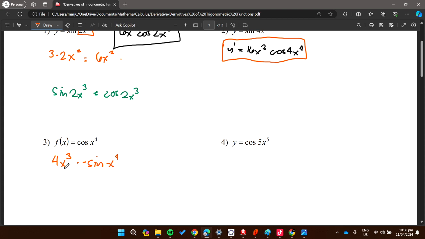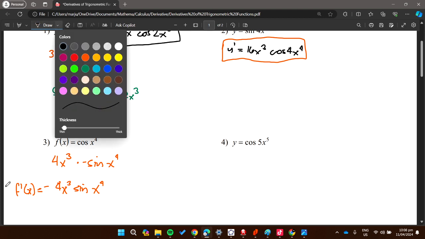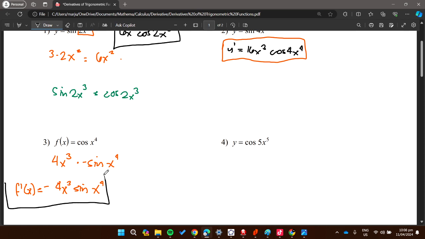And then once we simplify this, this will give us negative 4x cubed sine x to the fourth power. So that will be our f prime of x equal to. So that will be our final answer for number 3.